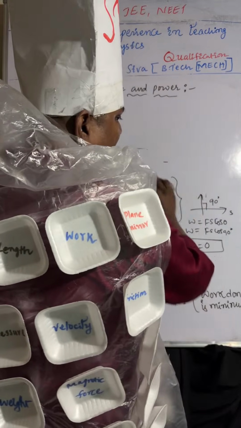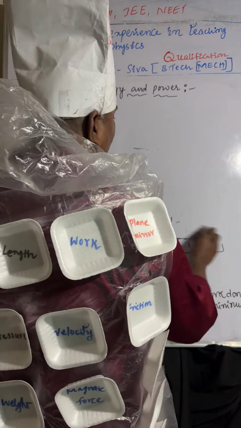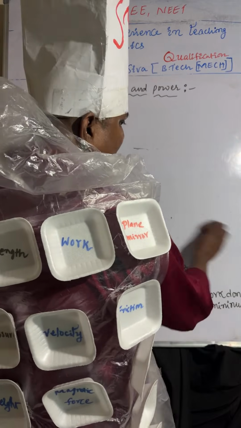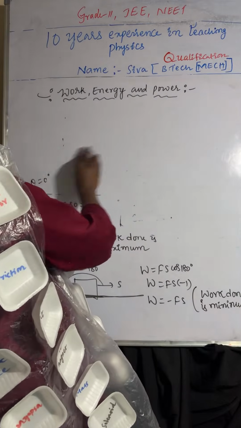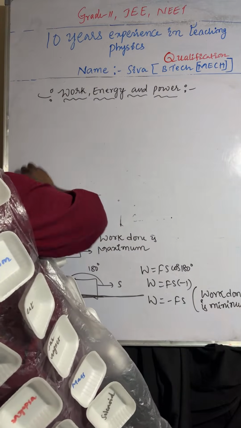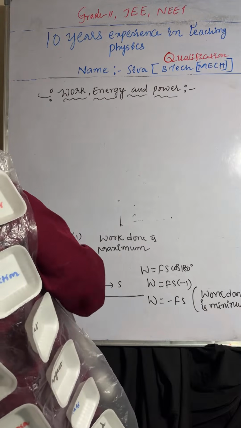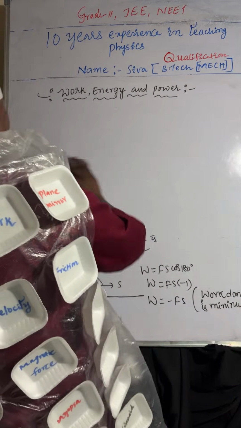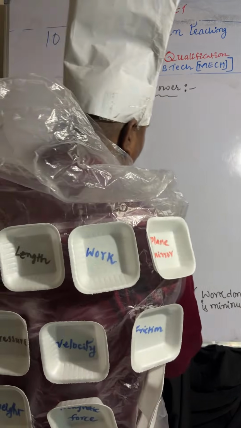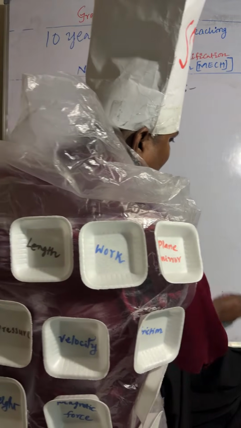There are many types: heat energy, chemical energy, electrical energy, mechanical energy, thermal energy, nuclear energy. In this topic we are discussing mechanical energy, that is kinetic energy and potential energy.